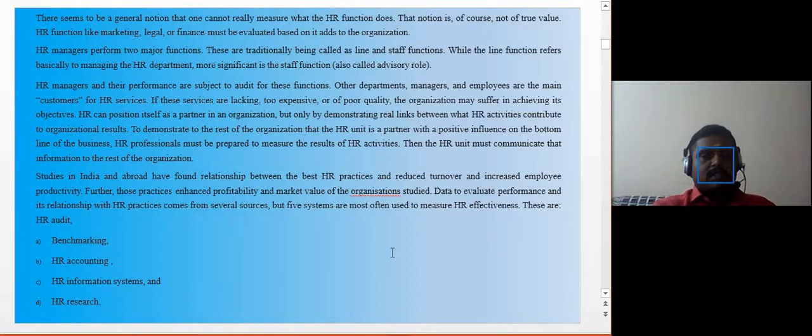To demonstrate to the rest of the organization that the HR unit is a partner, a positive influence on the bottom line of the business, HR professionals must be prepared to measure the results of HR activities. Then the HR unit must communicate that information to the rest of the organization.